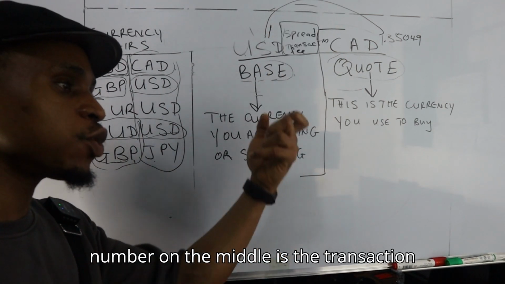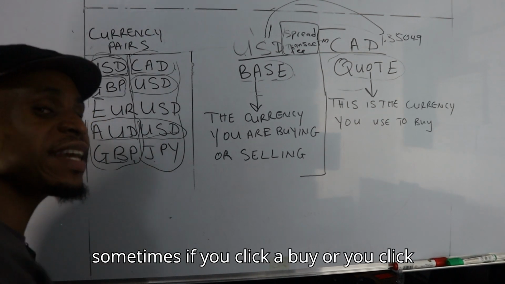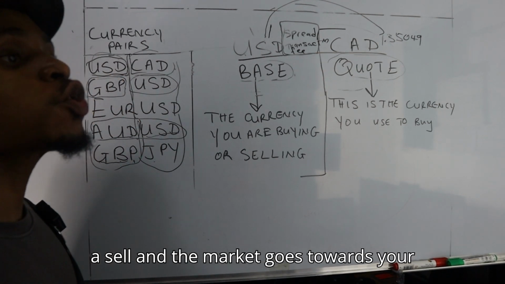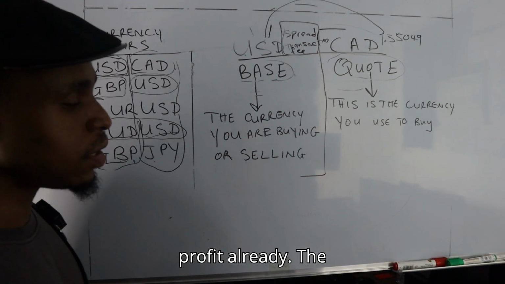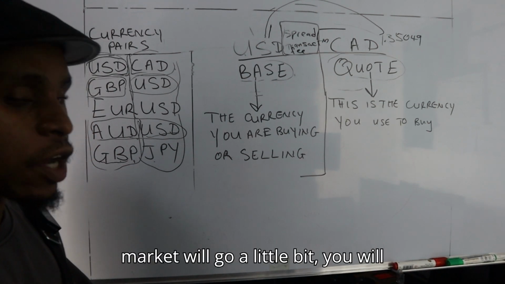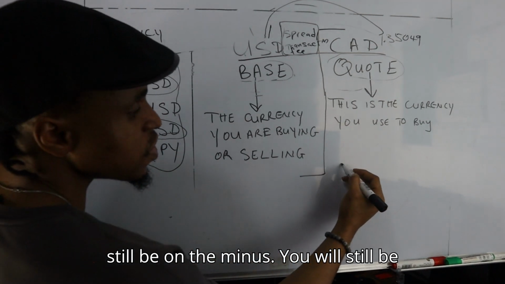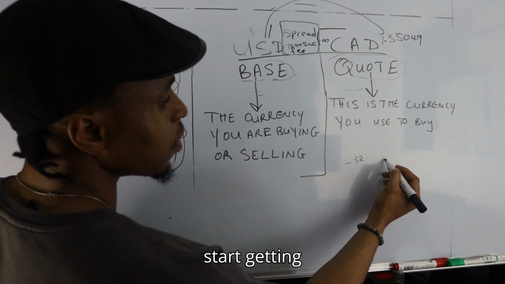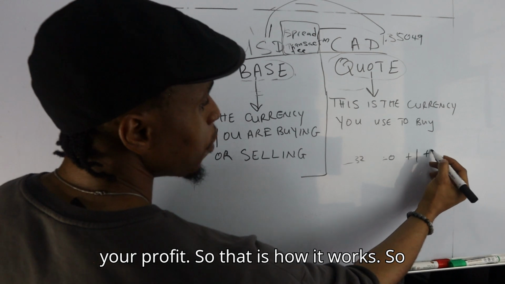That number in the middle is the transaction fee that you're paying, which means that sometimes if you click a buy or you click a sell and the market goes in your direction, you wouldn't start making profit already. The market will go a little bit, and you will still be in the minus before you start getting your profit.